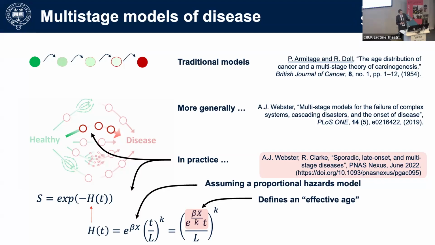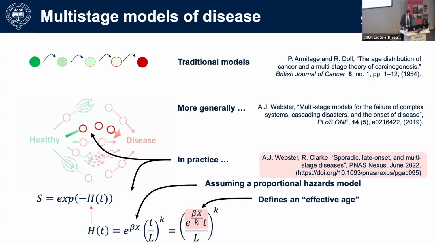So if your relative risk is bigger than 1, then your effective age is larger than your actual age. And if it's less than 1, then it's less than your actual age. And your disease risk is equivalent to somebody with no risk factors, but your effective age.